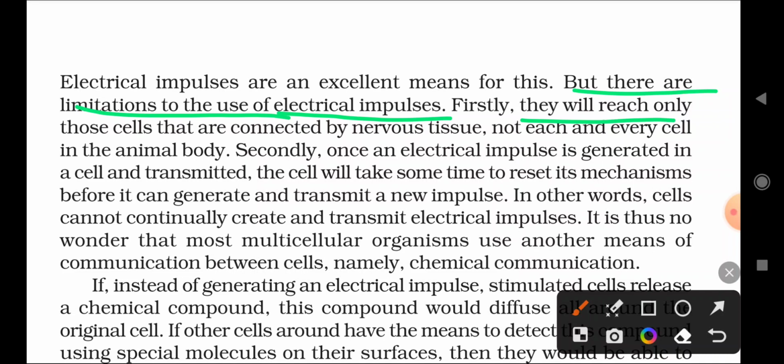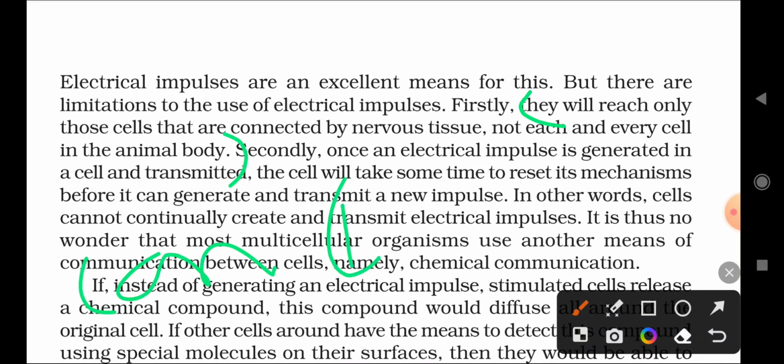Firstly, they will reach only those cells that are connected by nervous tissue and not each and every cell in the animal body. Very important point. The electrical impulse connects only those cells which are connected to the nervous tissue, not every cell of the animal body.